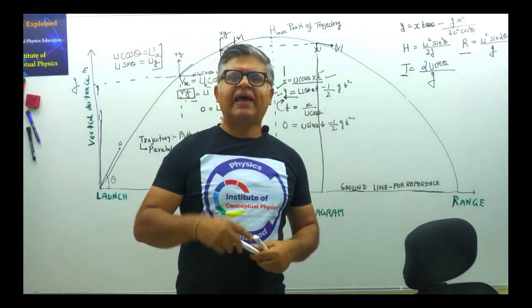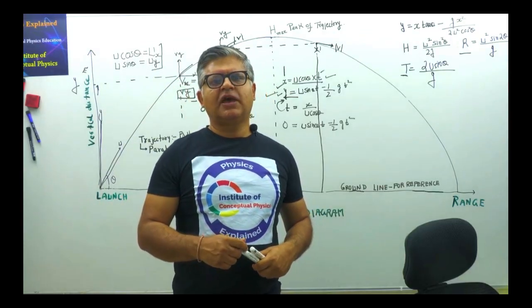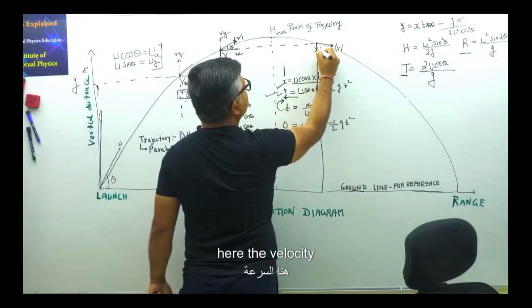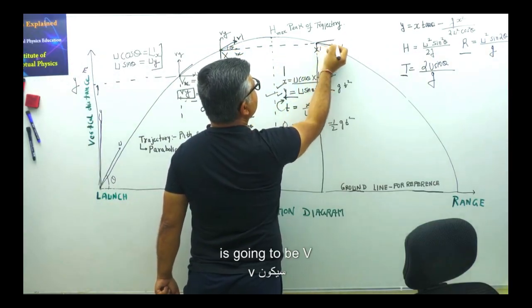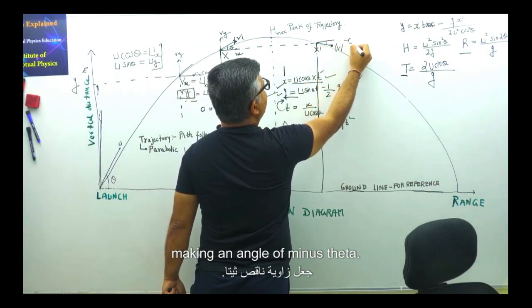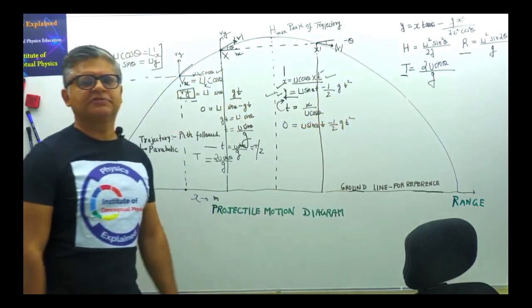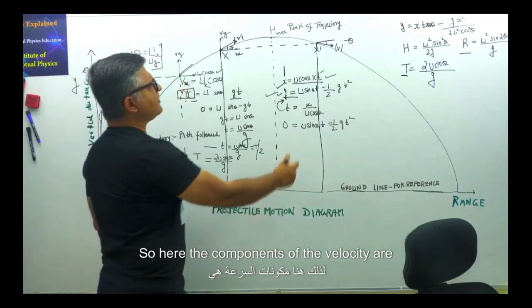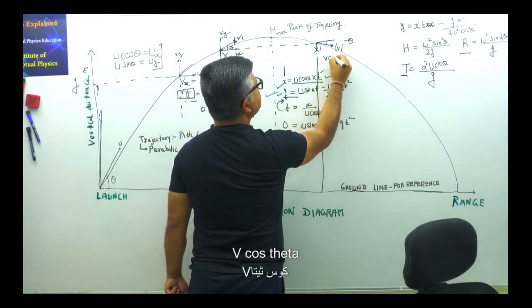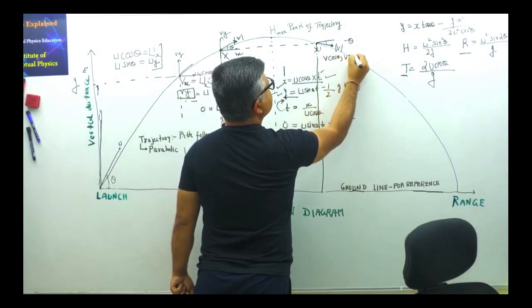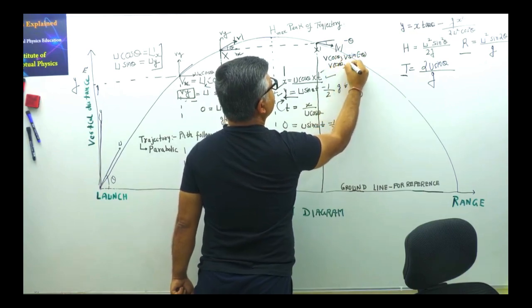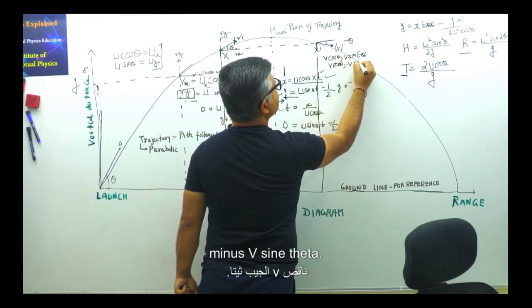Symmetric points exhibit this. If the velocity here is v making an angle theta, here the velocity is going to be v making an angle of minus theta. That is the only difference. So here the components of the velocity are v cos theta and v sine of minus theta, which is v cos theta, comma, minus v sine theta.